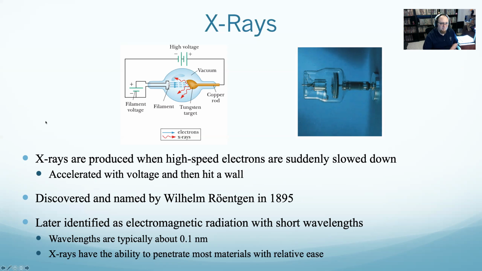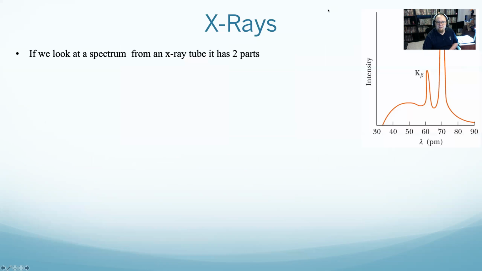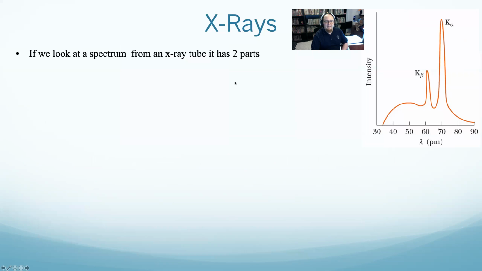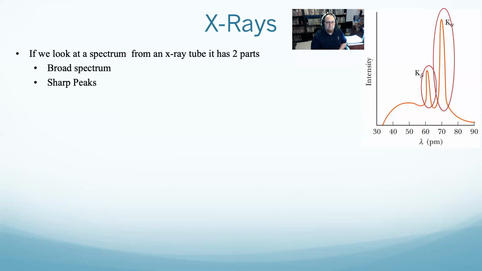Now, if you look at the spectrum from a tube just like this and look at the rays emitted when you shoot these electrons at this piece of metal, you get a diagram that has two major parts. The broad spectrum, which is just a big area with a good amount of intensity across wavelengths, and the sharp peaks.